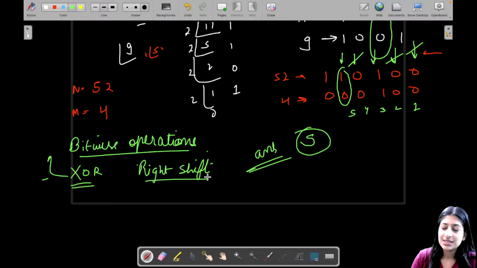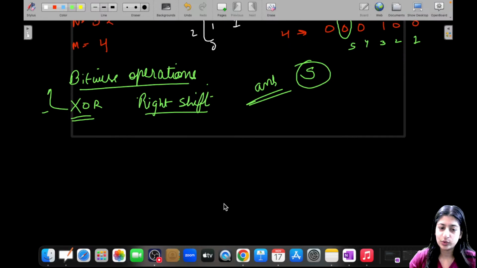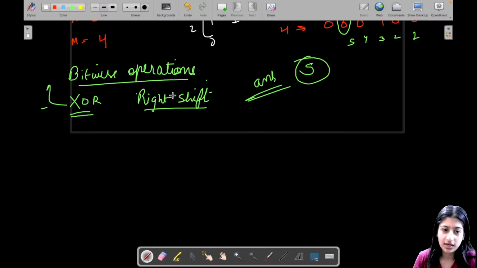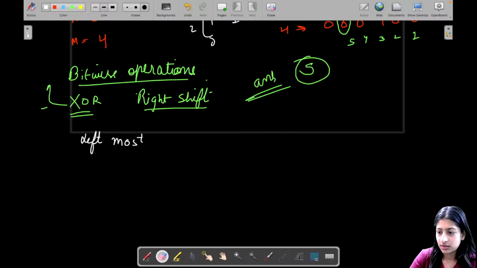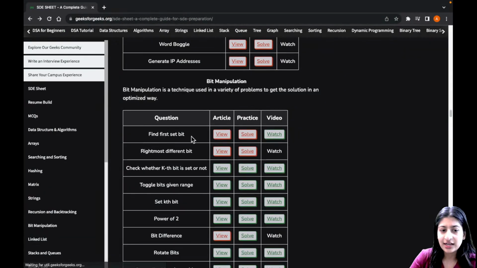Okay, let's see. These are some hints I have dropped for you to know how we are going to proceed with this question. The very first thing, very simple if you know it, otherwise you need to pay attention. So what is asked: find the first set bit.